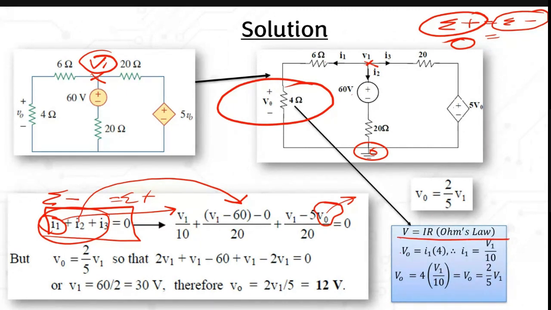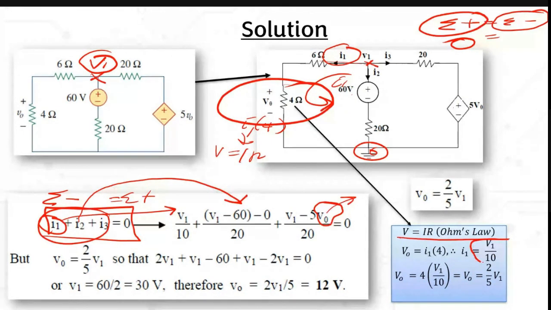So V naught is equal to I1 times 4. And you also know that I1 is equal to V1 over 10, because this is the loop for I1.